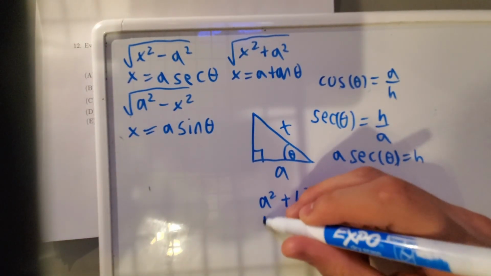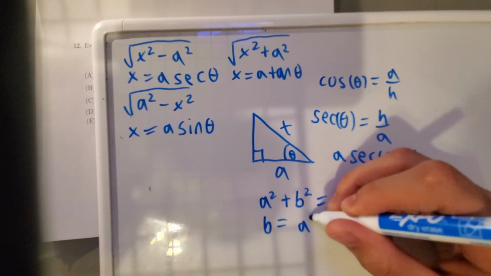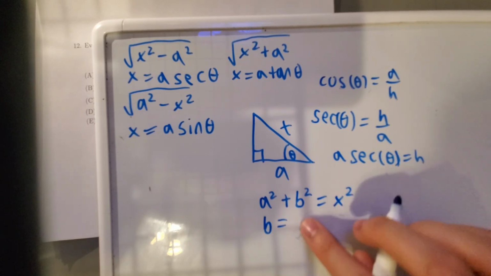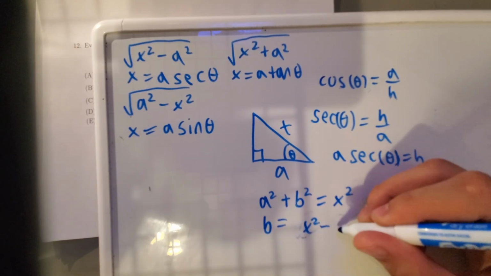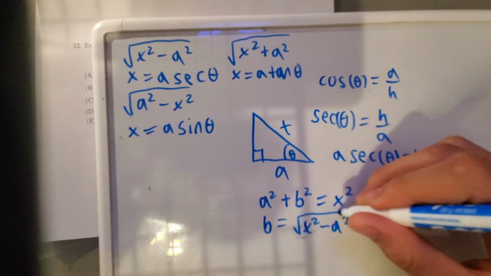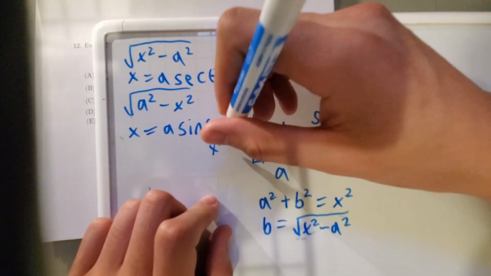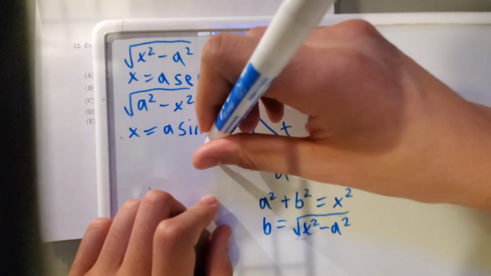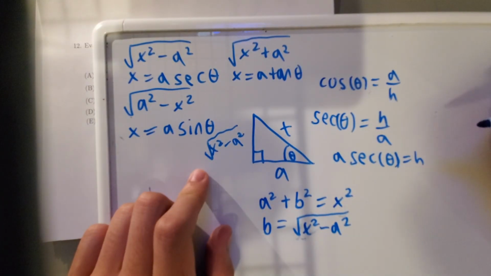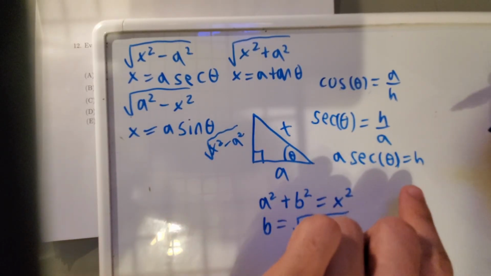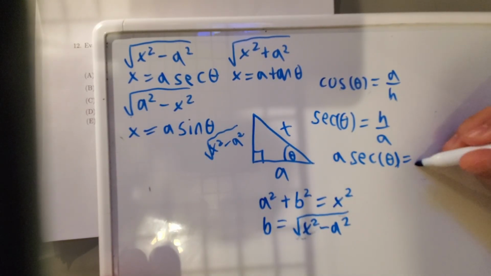Because when we solve for b, we're going to get that b is equal to the square root of x squared minus a squared. And so now we know that the length of this side is going to be the square root of x squared minus a squared. And then we also know that since x is the hypotenuse, we can also replace h with x here.